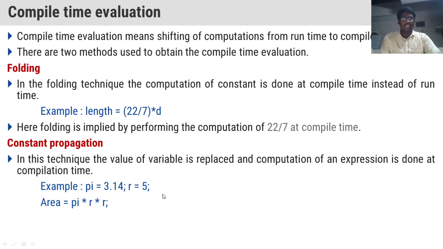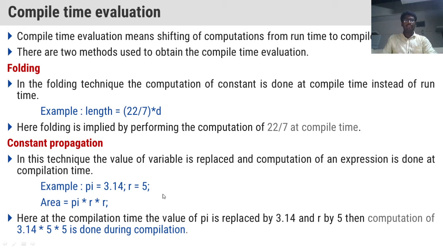We all know that area equal to pi r square. Anyhow, we have taken an example only, area equal to pi into r. This is how we have written the formula. So what we will do, all the values, pi value 3.14 and r value 5, will be substituted here during compile time and evaluated during compile time only, so that the time taken for execution will be reduced.